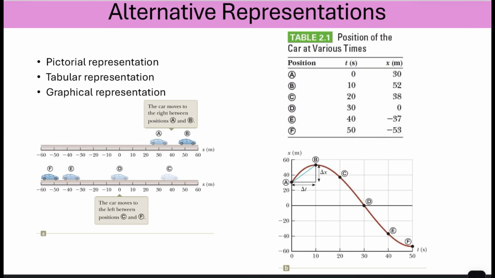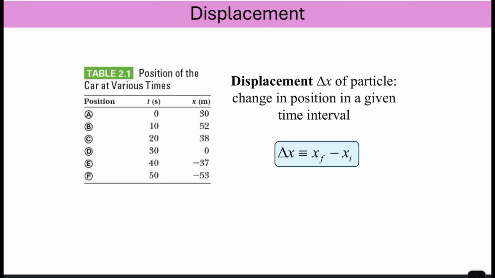So the representations just now are named pictorial representation, tabular representation, and graphical representation in terms of graph.